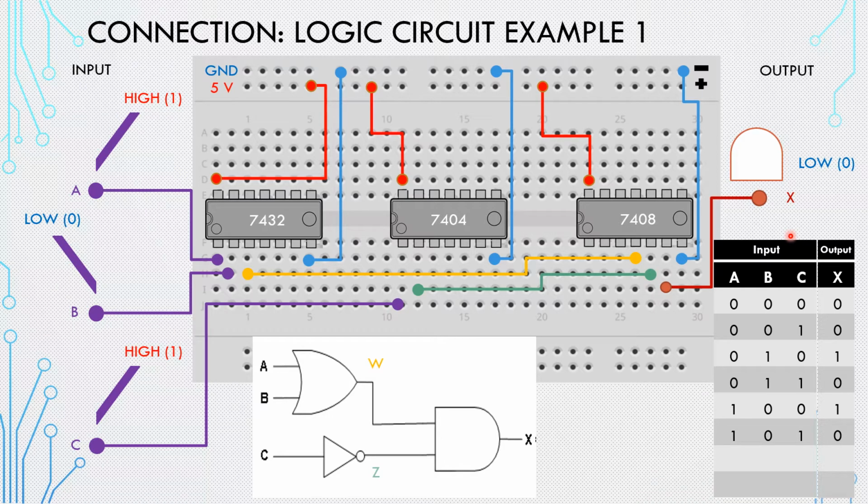I'm just doing what you're supposed to see in the lab. Make this 1, this 1, and all of them 1. If you make all of them 1, this is what you got. This is the truth table for this circuit.